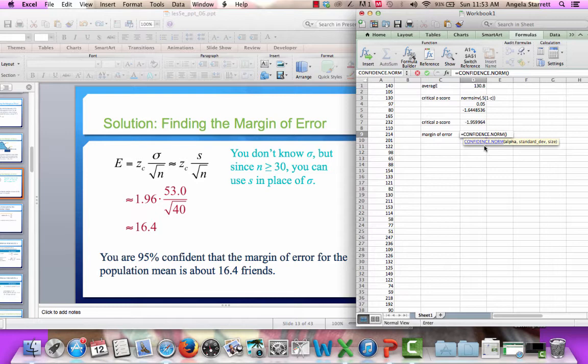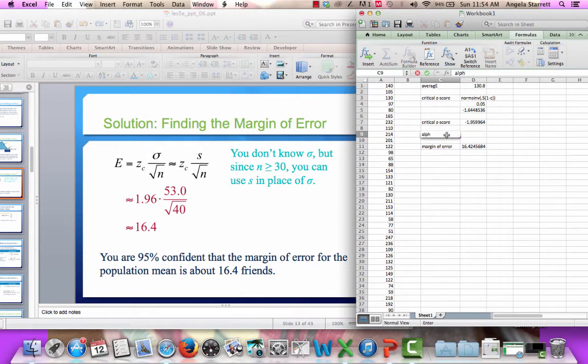My confidence is 95%, so my alpha is 0.05. Alpha is 0.05, my standard deviation is 53, and my sample size is 40. And you can see I get a margin of error of 16.4245.